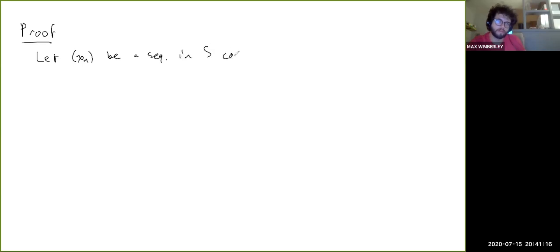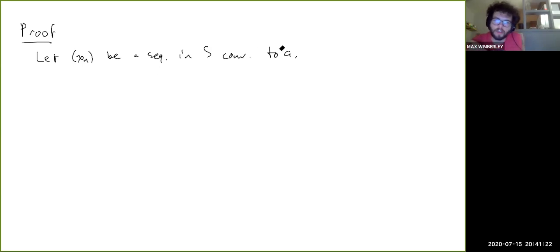Okay, so let's look at the proof. It's very, very quick because it just relies on the section 9 theorems. Let xn be a sequence in S with limit a.